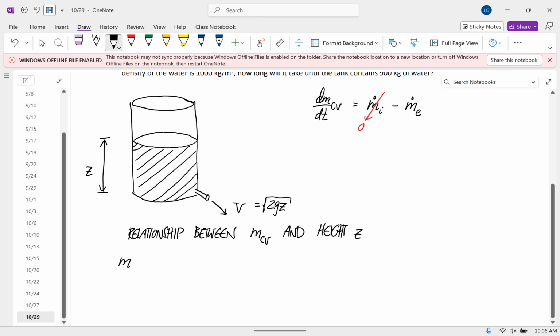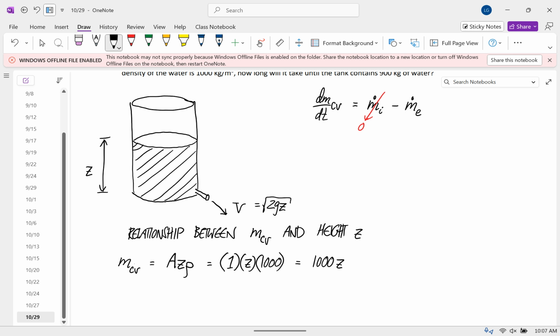Well, the mass is equal to the area times the height times the density. And so that is 1 times z times 1,000. So that's an expression for the mass.